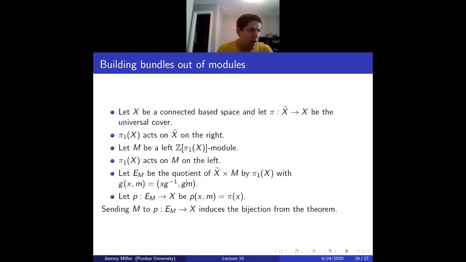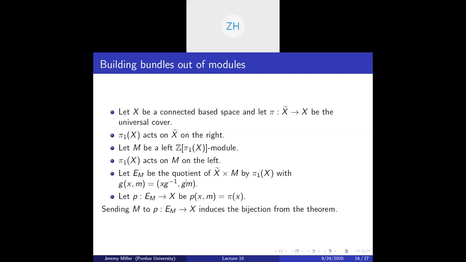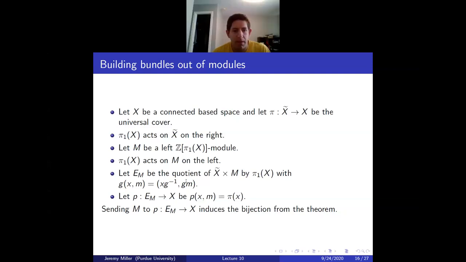Yeah, basically. It's slightly confusing because the usual statement is that bundles are classified by maps to the classifying space. But here the fiber is changing. Z[π_1 of X]-modules are like all bundles of abelian groups. Usually you classify things with a fixed fiber, but here we're classifying lots of different kinds of fibers.